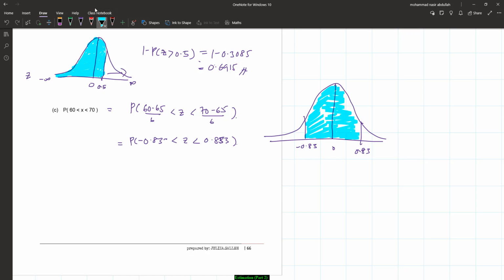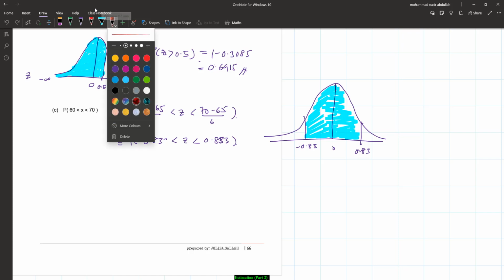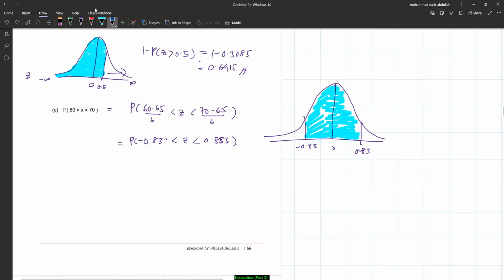How do we solve this one? If you don't understand how to solve it, you just extract the values from the table.